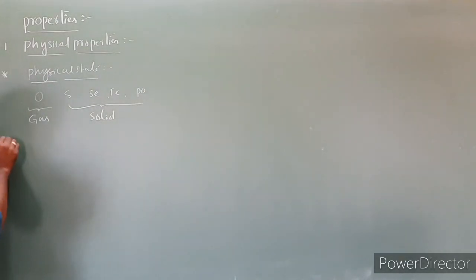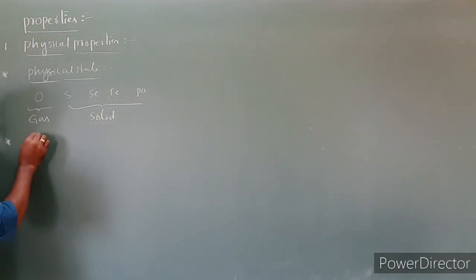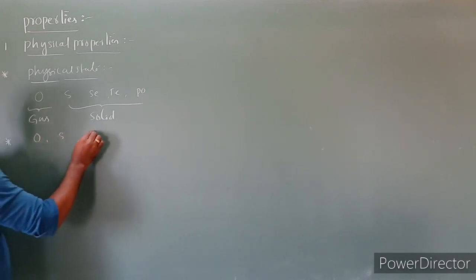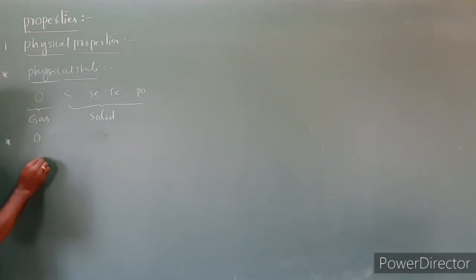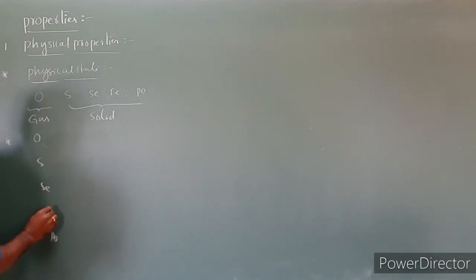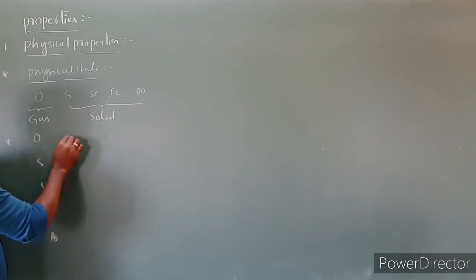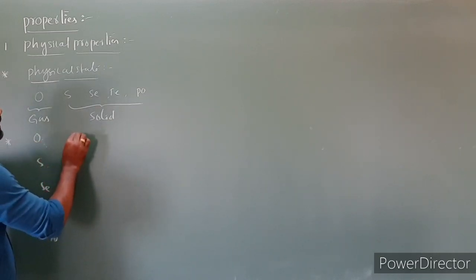The next one is metallic character. Oxygen, sulfur, selenium, tellurium and polonium. Oxygen and sulfur are non-metals.